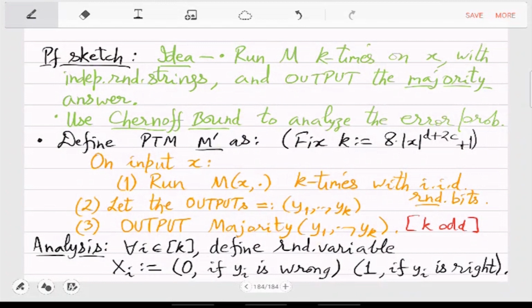Let us define an indicator variable xi. It is 0 if the ith experiment is wrong, 1 if it is right. So, what is the chance that the sum of xi is less than k by 2? What is the chance that the majority is wrong? So, the correct answer appears less than k by 2 times.